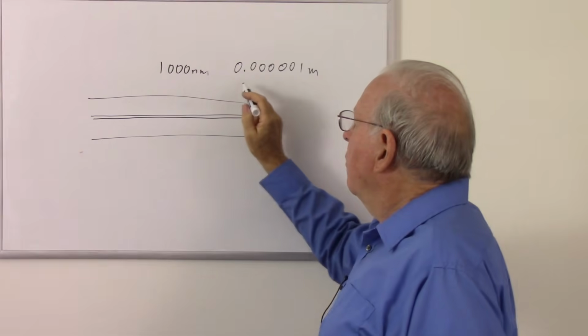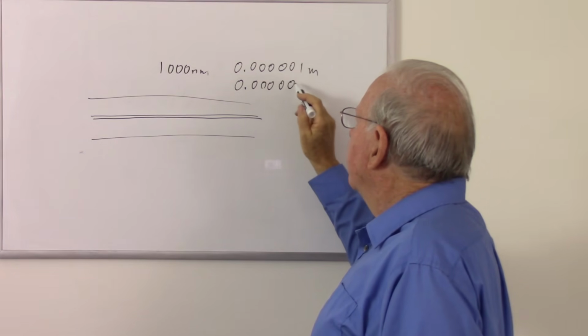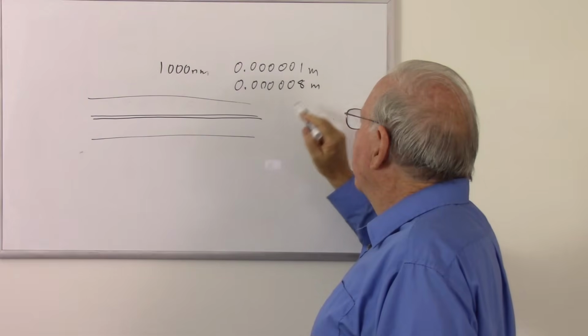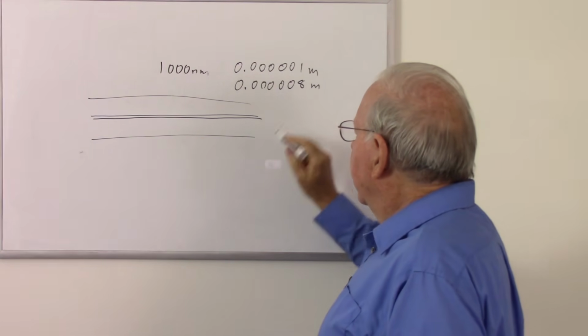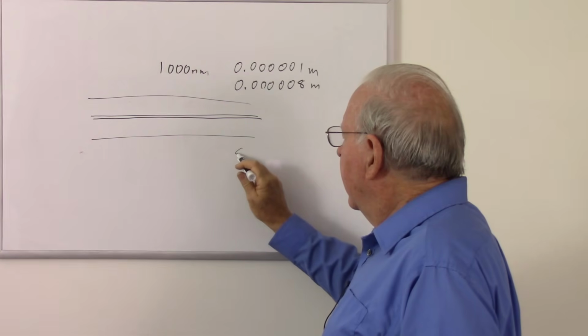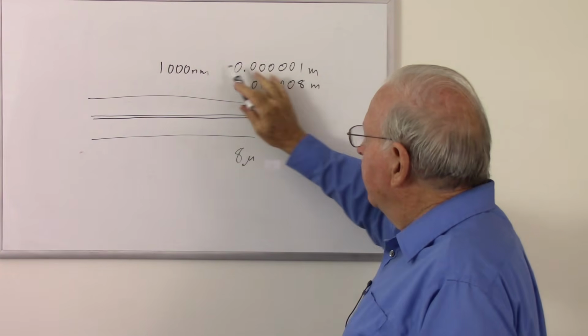Now let's make this core 0.000008 meters, or 8 microns. So our core is 8 microns in diameter, about 8 times the wavelength of light.